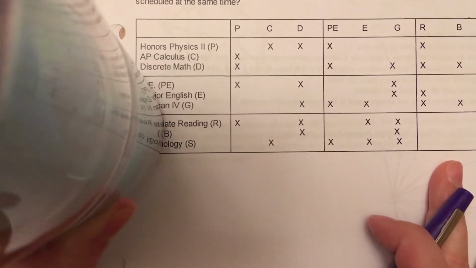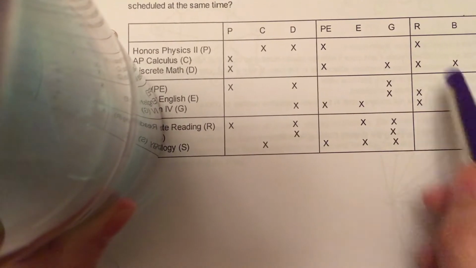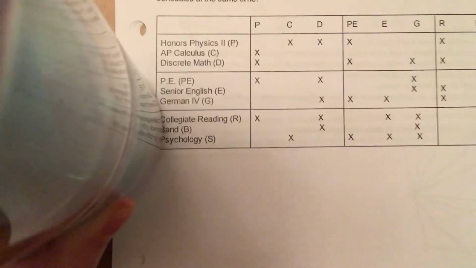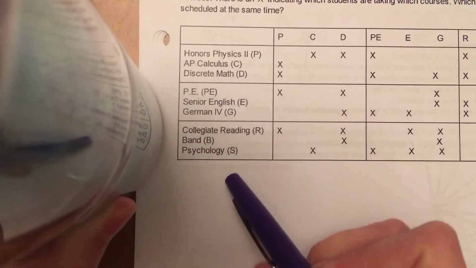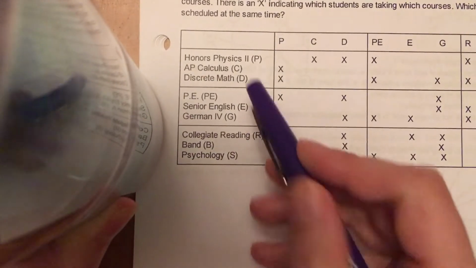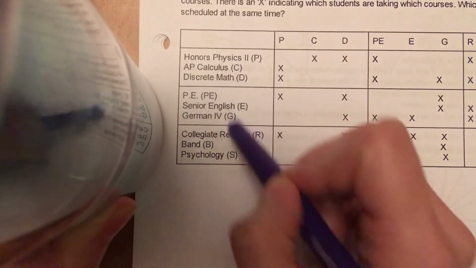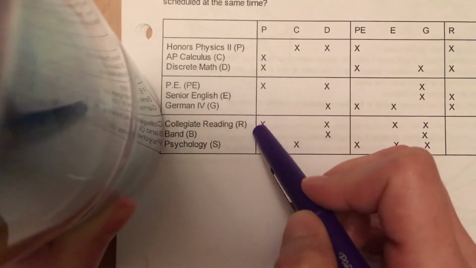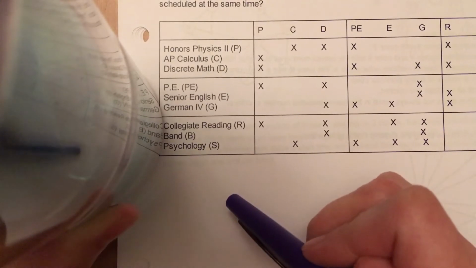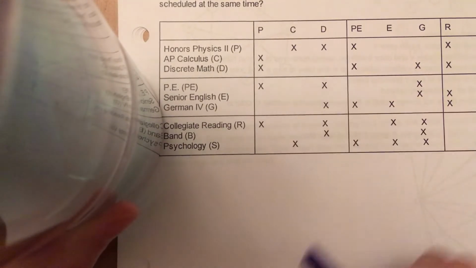So what I'm going to do for this problem is actually create a graph out of this data. So we have 9 different classes that we're looking at, and I've given each class a little coded letter at the end, and then that's the coded letter that you see up at the top here. And then anytime I have somebody who wants to take both of those classes, I see an X in my grid.